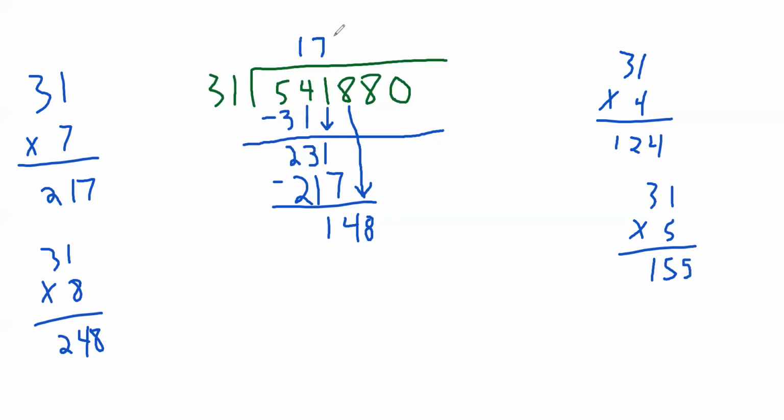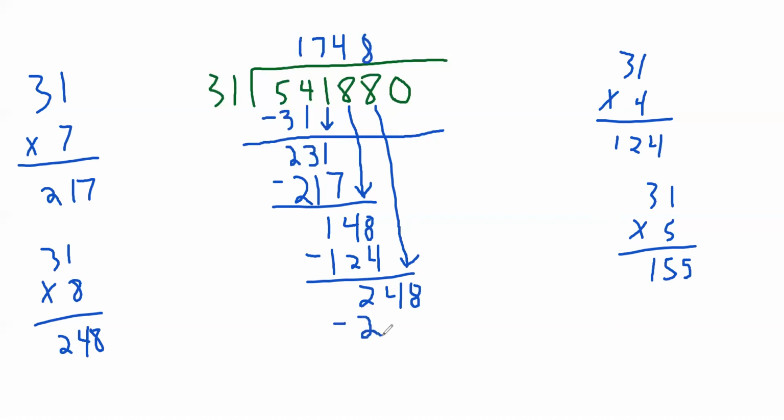So it's going to go in 4 times. Bring down this 8. Oh, 31 is going to go into 248 cleanly. 31 goes into 248 8 times, as we saw over there.